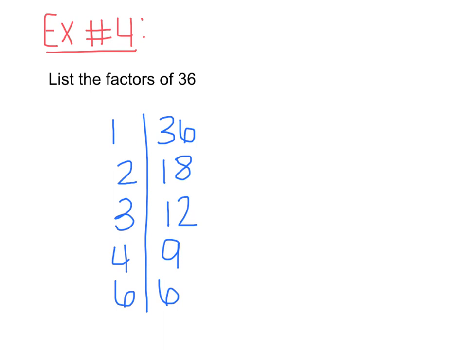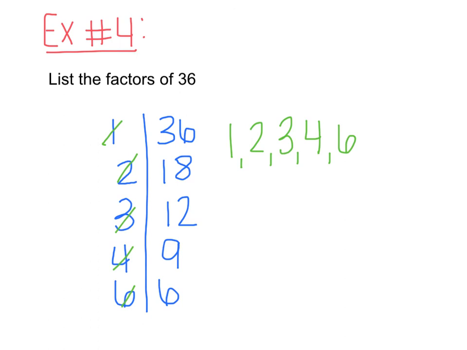Now, when we start talking about greatest common factor, which is going to be something we talk about later in this unit, we're going to need to list the factors in order. So we can take what we have in this chart and we're just going to put them all in a line and we're going to put them from least to greatest. So we have 1, 2, 3, 4, 6, and I just used all the numbers in my first column here.